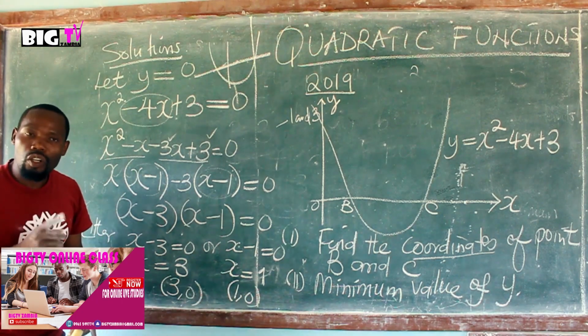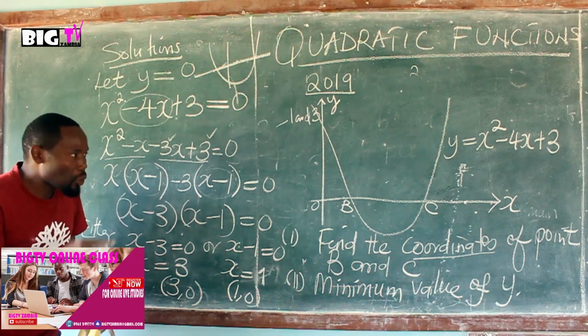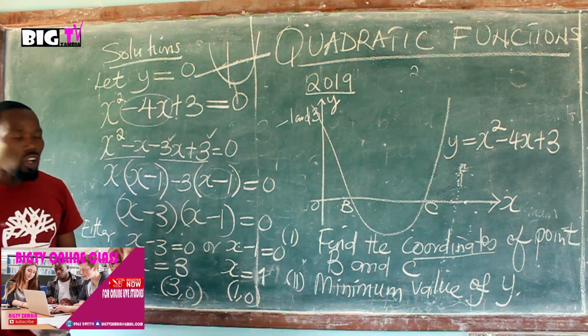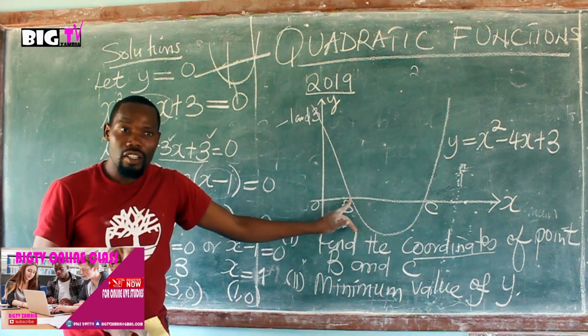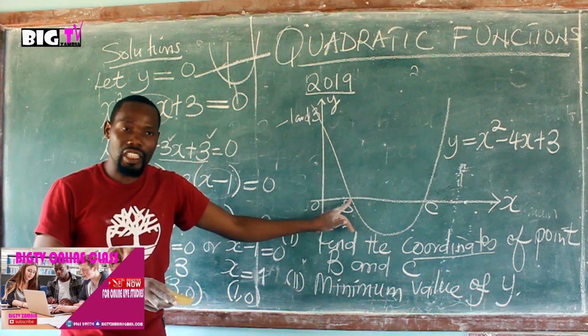But the question is, which one is B and which one is C? You check. From 0, you cannot have 3 first; you have 1. Is that clear?